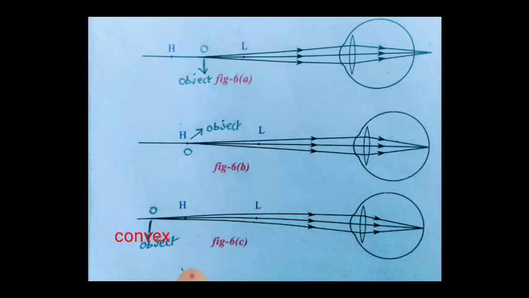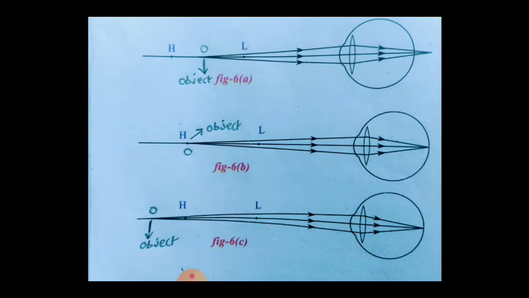Here we can see it. In the second figure, we can see that if the object is at H, that is the near point, the image forms on the retina. In the first figure, the object is in between H and L, then the image forms beyond the retina and it is not visible.